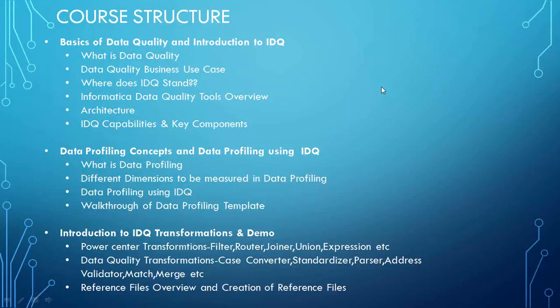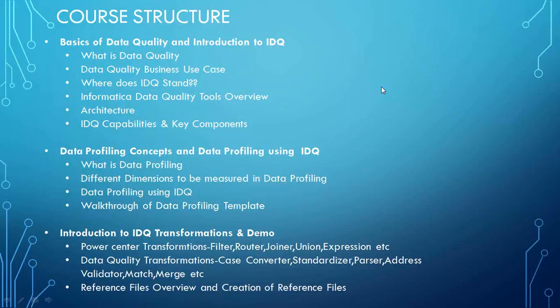If you see here, filter, router, join, union, expression, these are already there in Power Center. So a resource who already has experience in Power Center would easily be able to pick up these transformations. In addition to that, we also have some data quality transformations like case converter, standardizer, parser, address validator, match, merge, and a key generator.